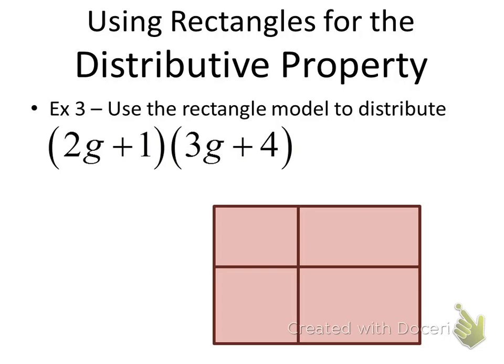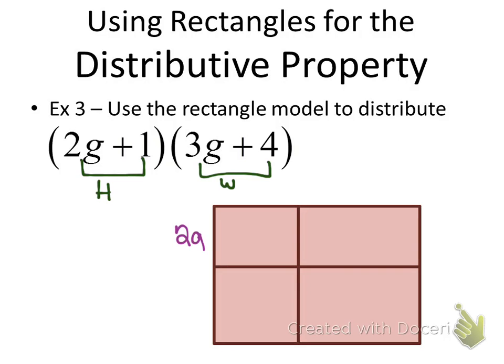Okay, so, as I said, the first number or set of numbers is always going to be your height. Your second set of numbers will be your width. So if I'm looking at this, 2G plus 1, I'm going to keep them in order.